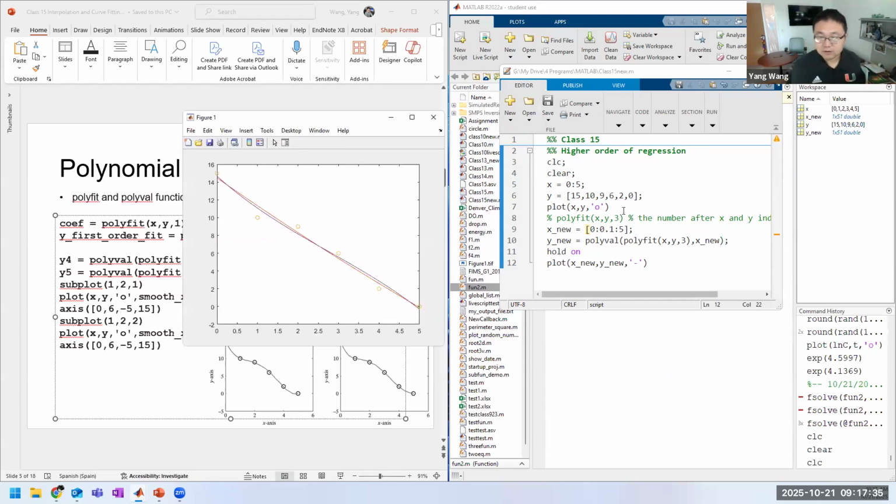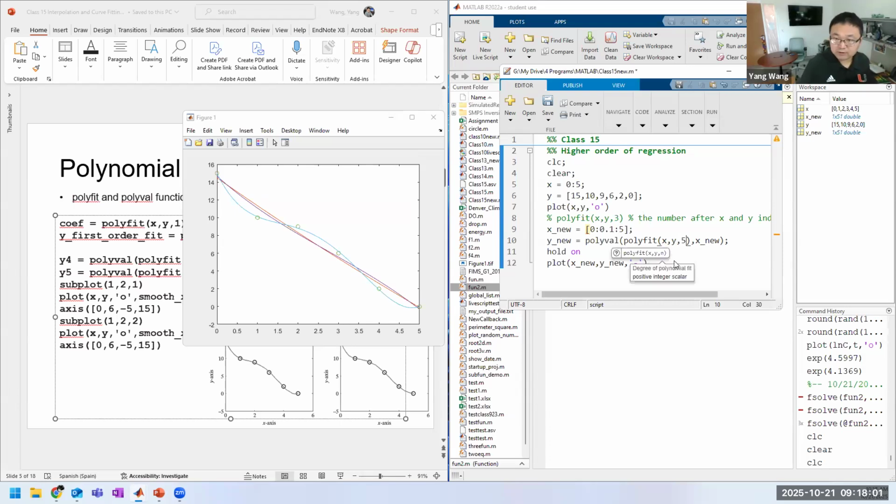We can do fourth order polynomial. Let's just try to plot it again. You can see that fourth order polynomial is going to help us fit the data even better. Now you can even see that the curve is basically intercepting all of these circles for the data points. So from the third order to fourth order is a pretty big improvement.